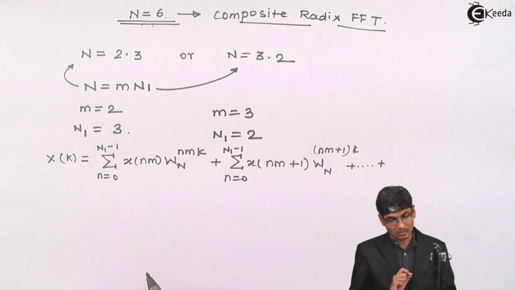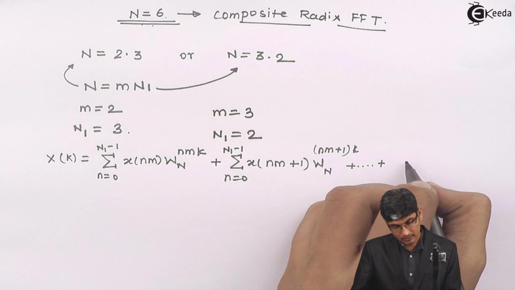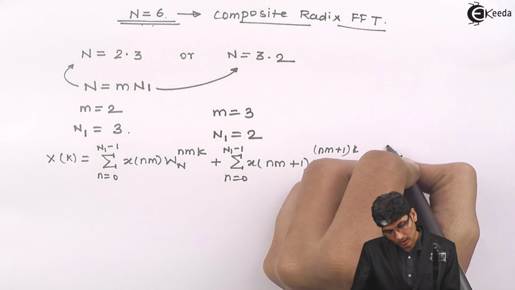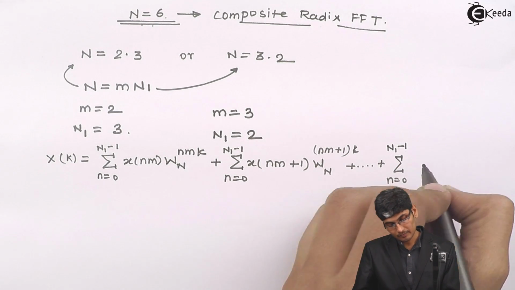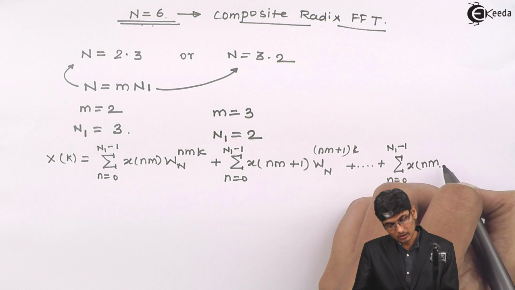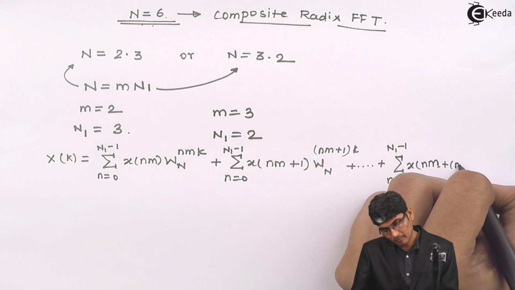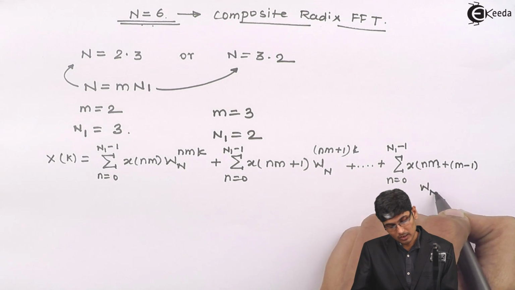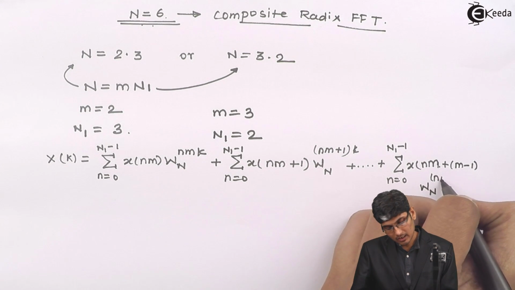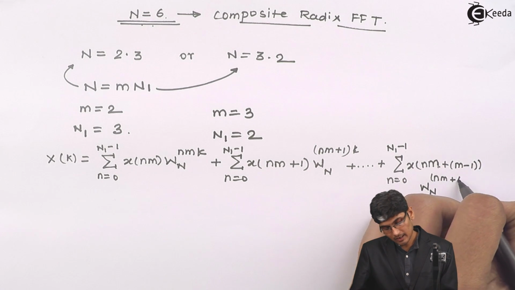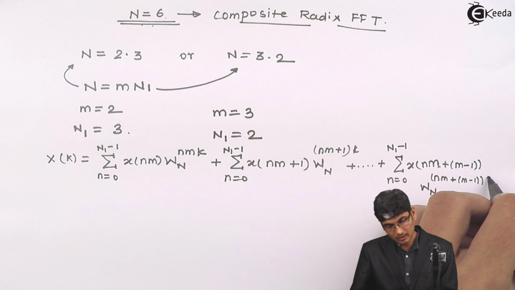The last term in the sequence is given as summation n goes from 0 to N1 minus 1 of x of nm plus m minus 1, and lastly we have W_N raised to (nm plus m minus 1) into k.